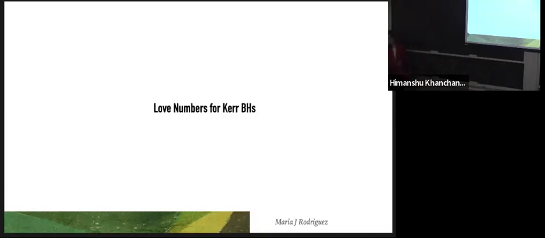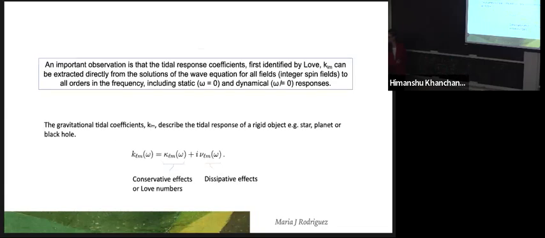Okay, so what happens for Kerr in this problem? Well, these coefficients have two parts, if you want. In particular, they have a conservative part, which some groups call explicitly the love numbers, being the invariant part of the problem.